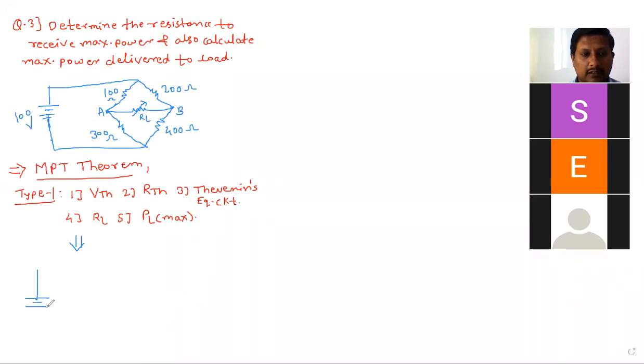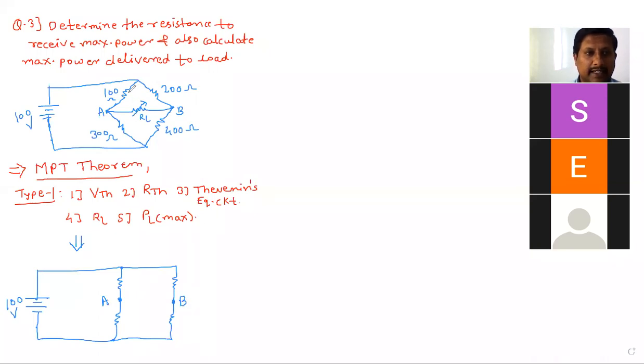So 100 volt we can keep as it is. So we can try, we can convert such a circuit into simple rectangular circuit. Right. This is your A terminal. This is the B terminal. I just straightened the 100 and 300.